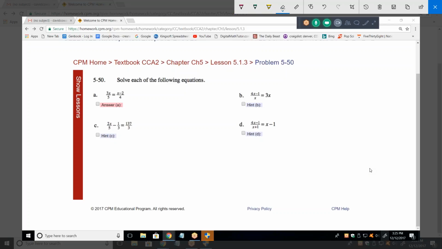It's really easy to get rid of that 1/3. In other words, the pattern you use for equations is you get rid of anything that's being added or subtracted, like constants, first. Well, we have a minus 1/3, so let's get rid of that 1/3.